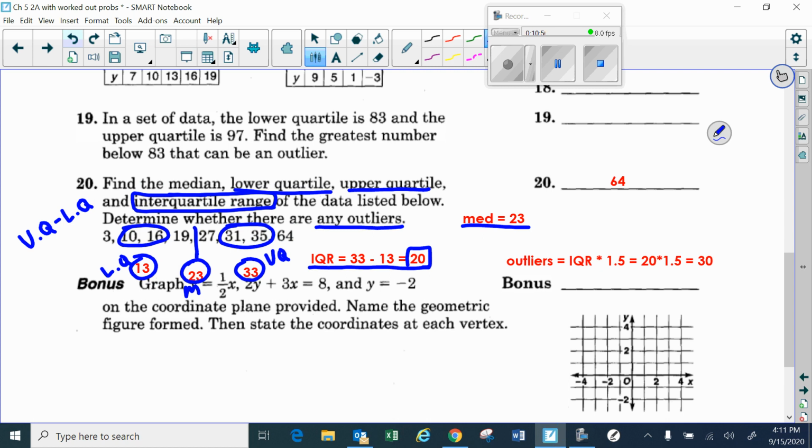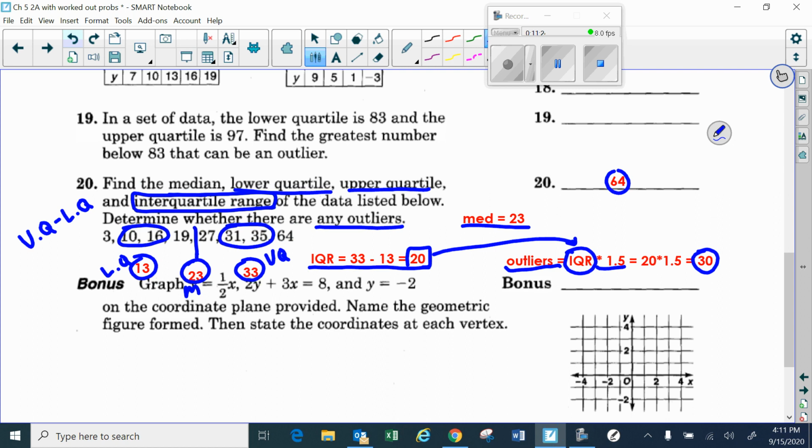Now the definition of an outlier: it's the interquartile range, which we just found, 20, times 1.5, which gives me 30. So if I go 30 beyond the upper quartile, which is 33, then 33 plus 30 is 63. Do I have a number beyond 63? Yes, I do, 64. So there's an outlier right there.